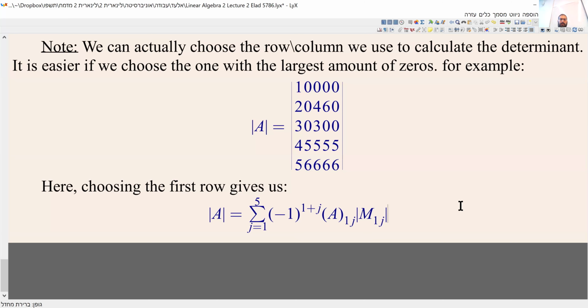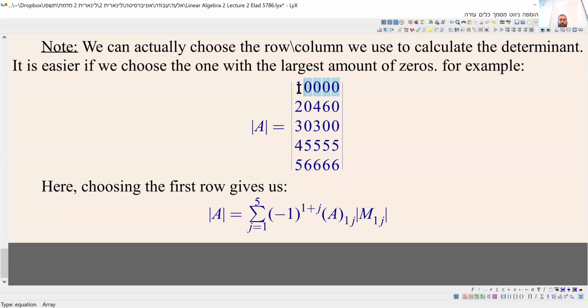One is the sign, third is the determinant of the minor, and the second, most important for my point, is the element of the matrix. 4 out of 5 elements of the first row, which we now use to calculate the determinant, are 0.